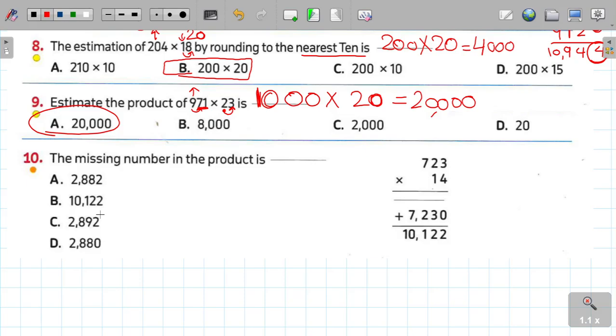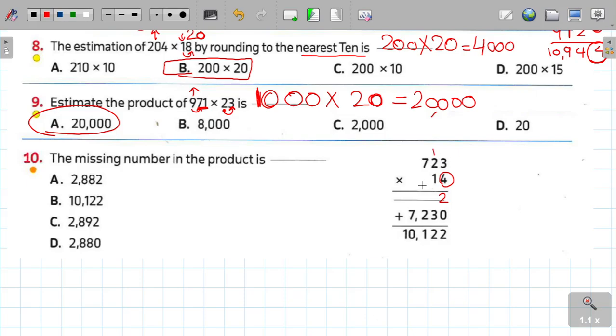The last one here, I have the missing number in the product. What is it? So I will multiply first by 4. Okay, so 4 by 3 is 12. Okay, so I have here 2 and carry up 1. 4 by 2 is 8.